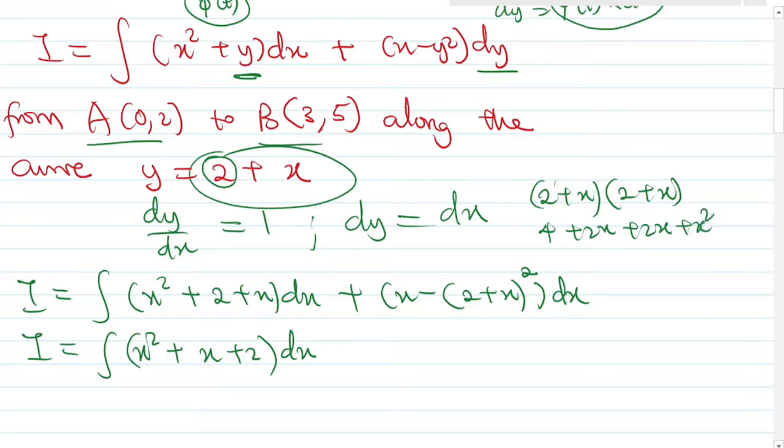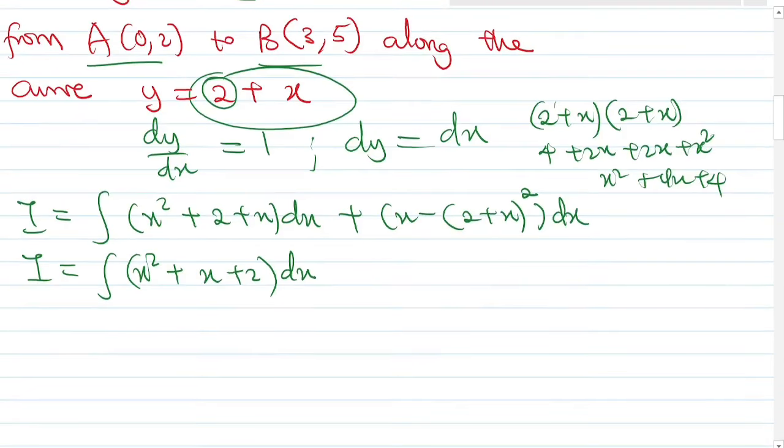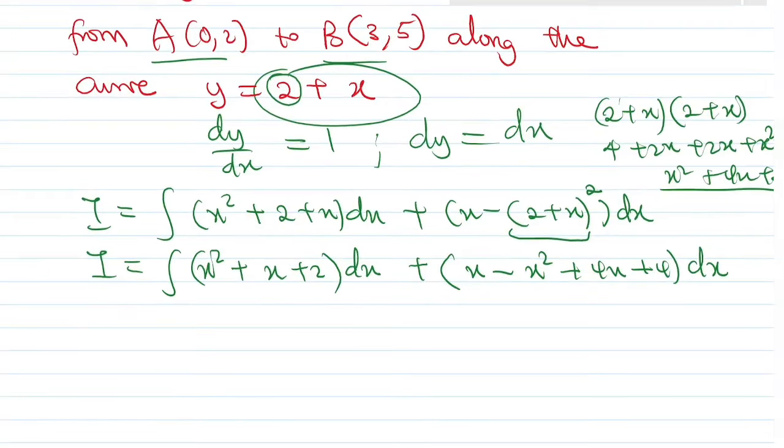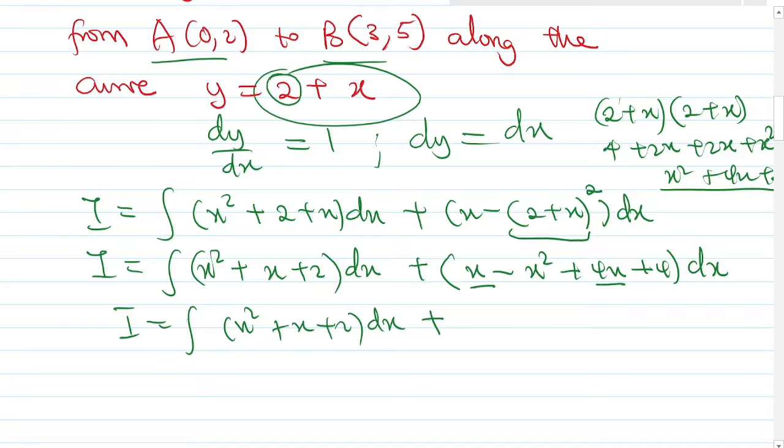So that will be x squared plus 4x plus 4. So plus, don't forget we have x already, minus, so when you evaluate this is what you get. So you get x squared plus 4x plus 4, in brackets, dx. And then I is equal to the integral of x squared plus x plus 2 dx plus, so here we have 4x and x, that's 5x.